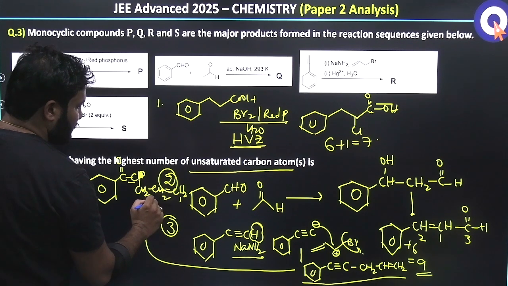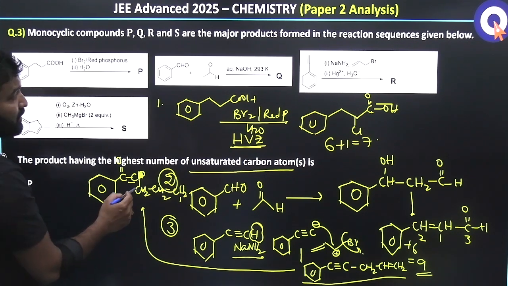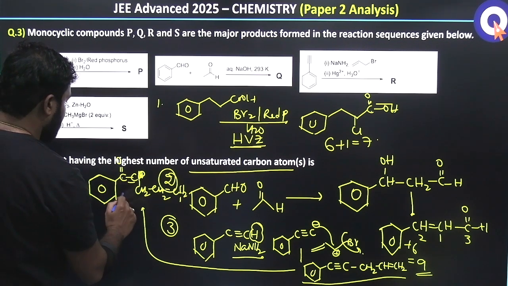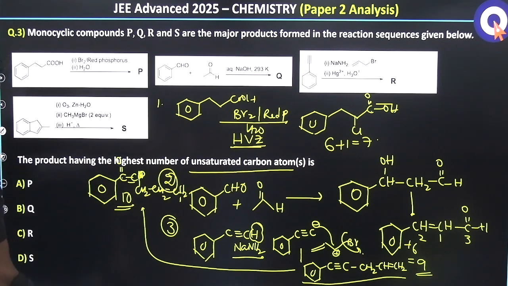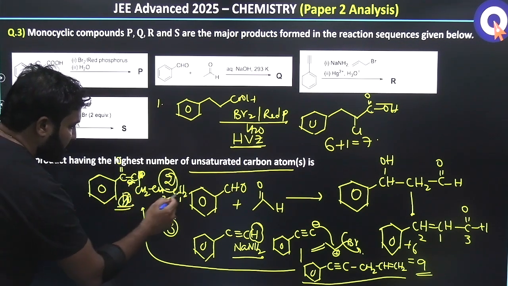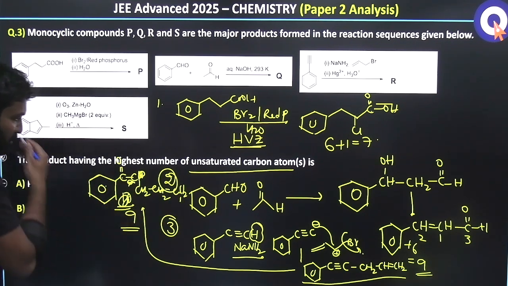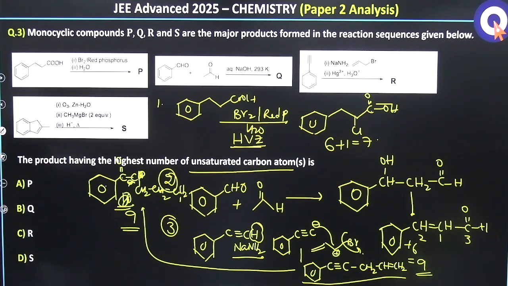So in total how many will there be? Total 1, 2, 3, 4 and 10. So highest will be 9. Here the double bond will not be there. So 1, 2, 3 and these are 6, 9. So total 9 sp2 carbons are there. So 9 and 9 is matching, 7 is not.